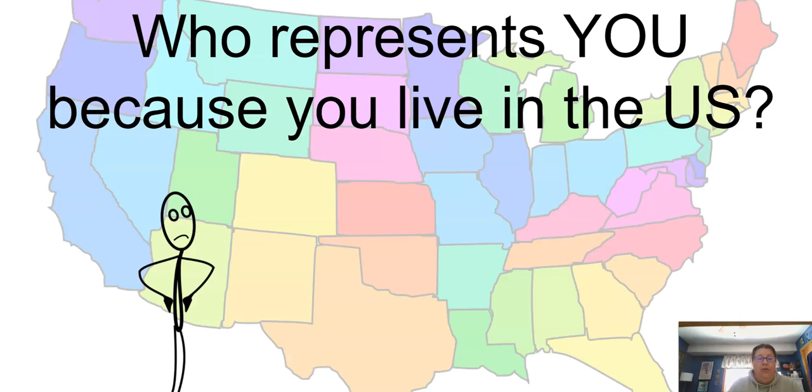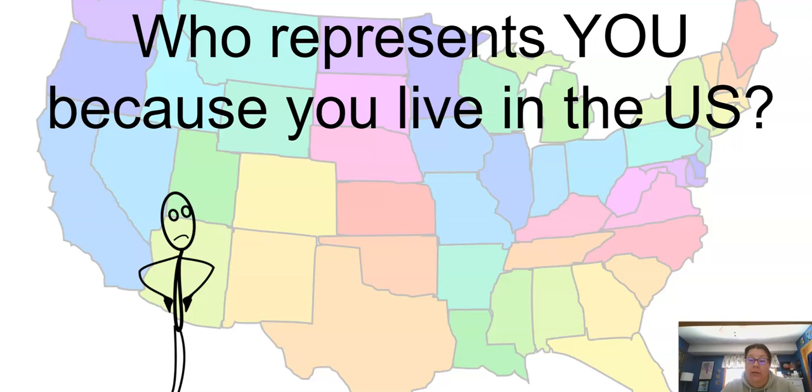So the first question I have, and it kind of popped up before, is who represents you because you live in the United States? You're living in the United States as a whole population. Take away all these borders and just consider, I know Alaska and Hawaii aren't on here, that's unfortunate, but that's the map I chose.